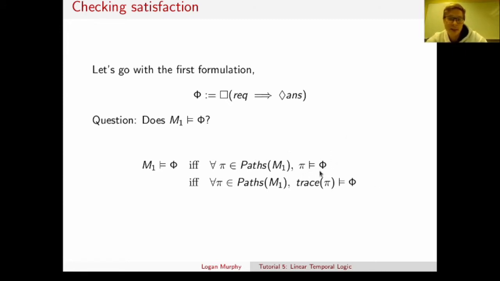What does it mean for pi to satisfy phi? It means that the trace of pi satisfies phi. So this infinite word, the infinite string of labels on successive states in the path, satisfies phi with respect to the semantics of LTL, right? And this is a question that we know how to answer.